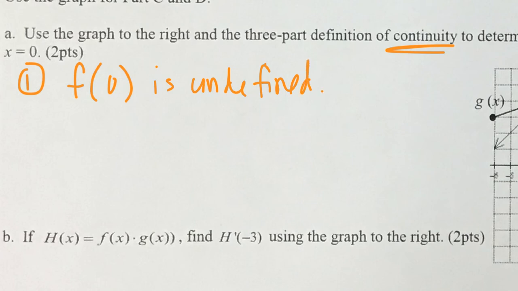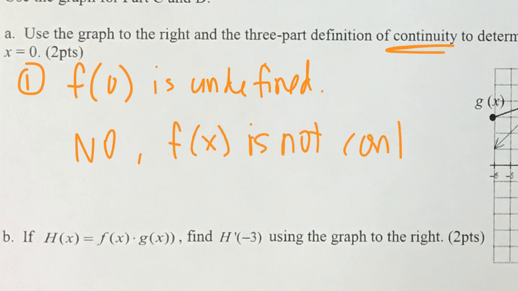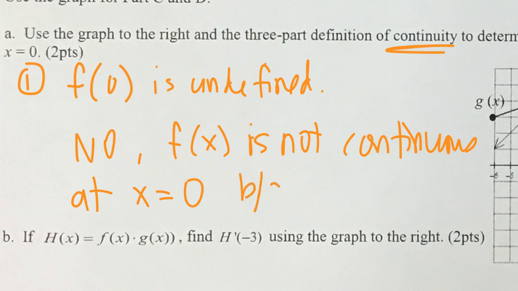Therefore, we don't even have to do the other parts about the limit. Okay, so we can start saying right now that no, f is not continuous at x equals 0 because f of 0 is undefined.